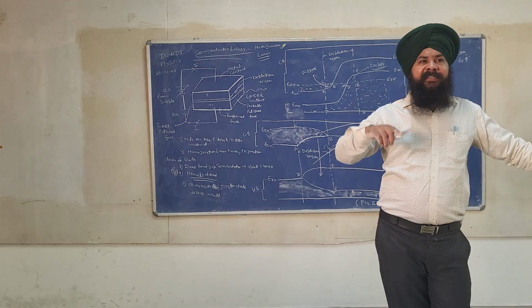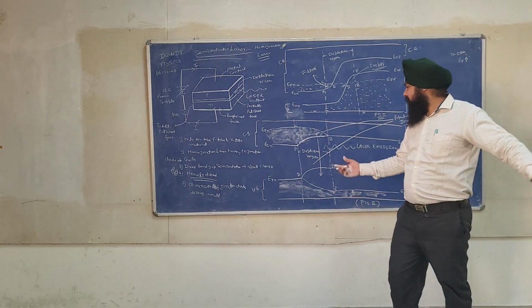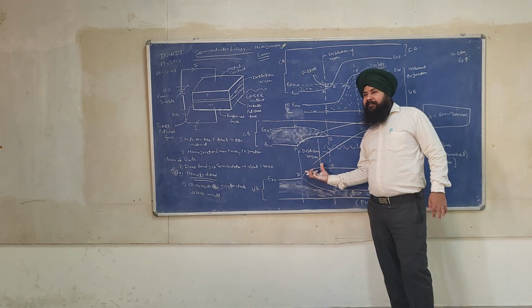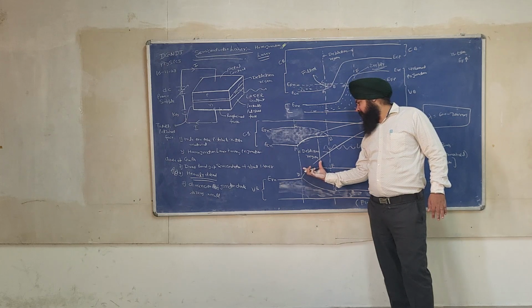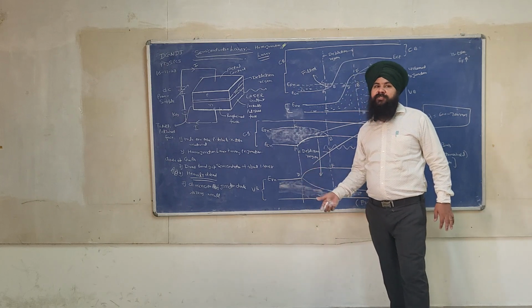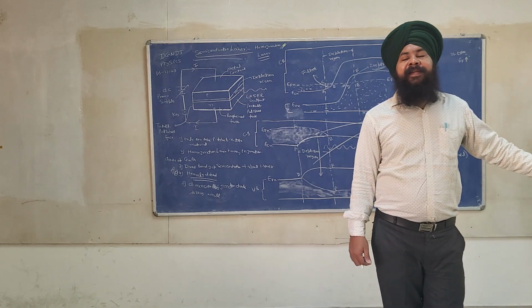Please write in the brackets, narrow region. See, the dimension of this depletion region is very small, so this is also called a narrow region.